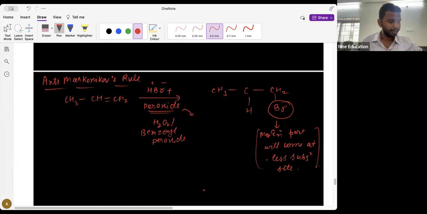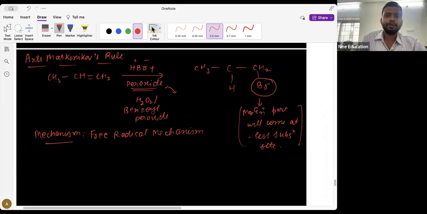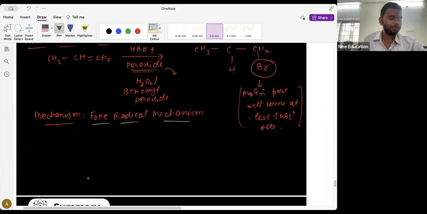And we write the mechanism of this reaction, beta. You know the mechanism: if there is peroxide in the reaction, it should be the free radical mechanism. You all know, if on the arrow peroxide is written, it should be the free radical mechanism.